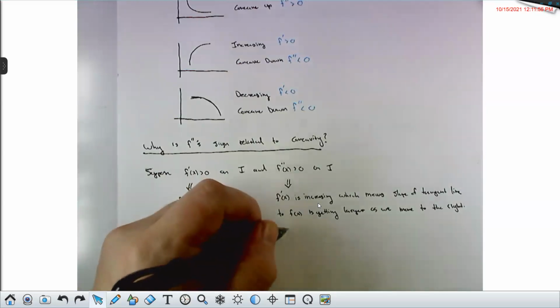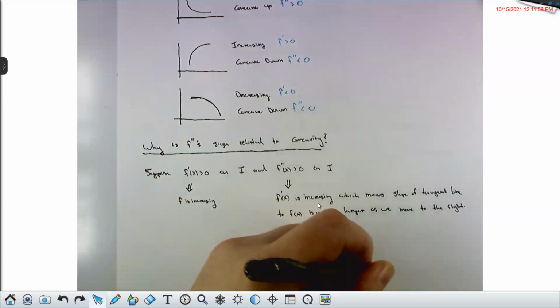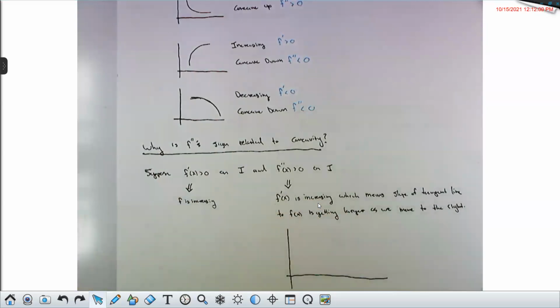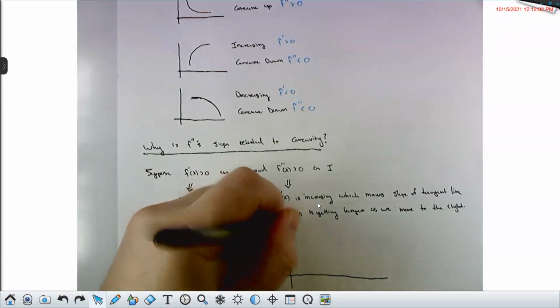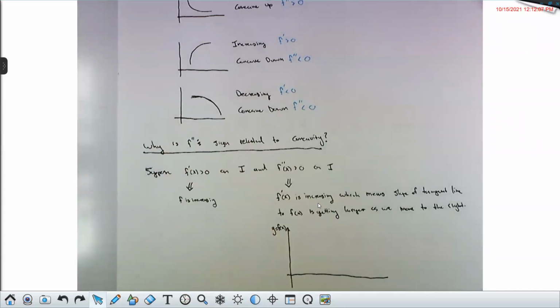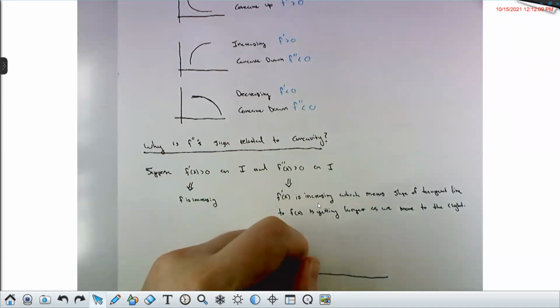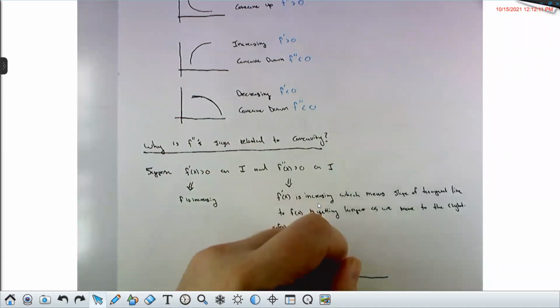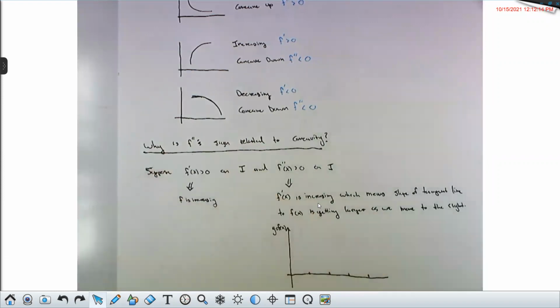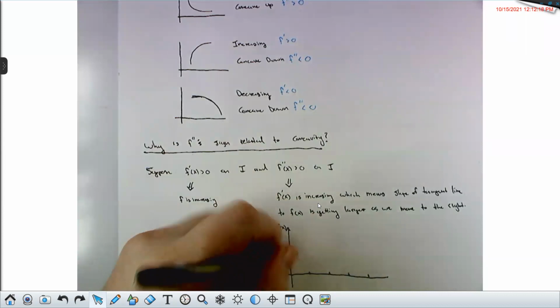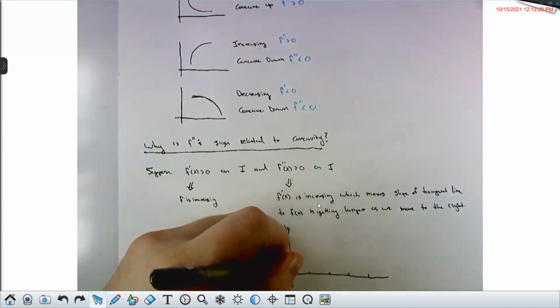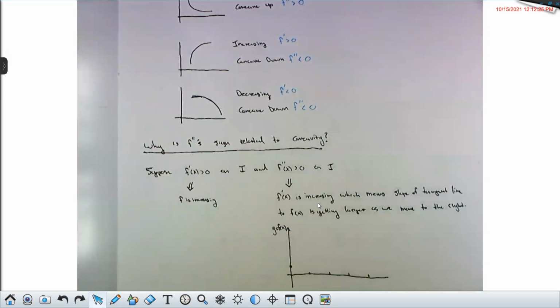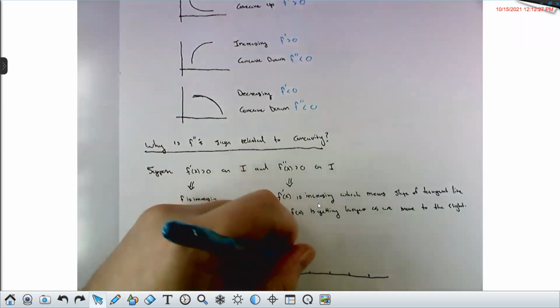Let me just try to draw a graph that does this. So this will be the graph f of x. And let me just tick off a few x values here. Maybe my tangent line starts out horizontal. So I'm just going to draw in some tiny little tangent segments.